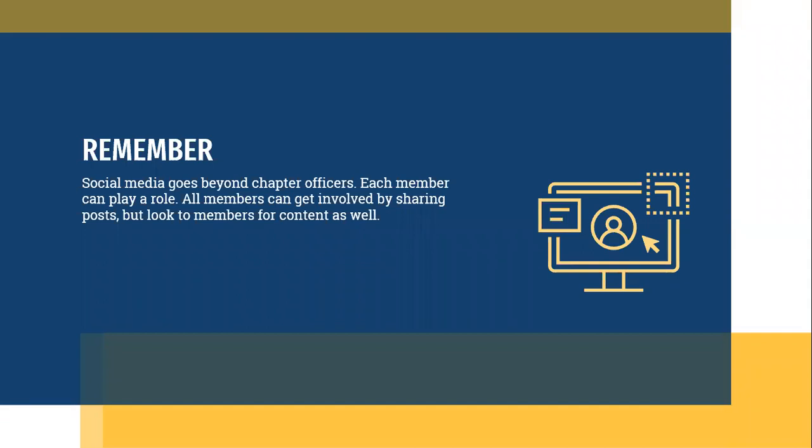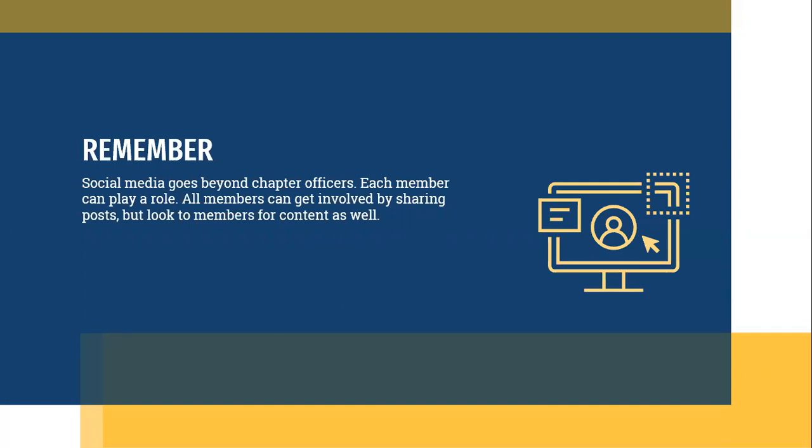Moving on from best practices, we're throwing in another reminder here. We talked about it before, but social media, an outreach program, goes beyond chapter officers. Every single member can play a role, even if you aren't the PR chair or whoever runs the social media accounts. All members can get involved by sharing posts, liking posts.